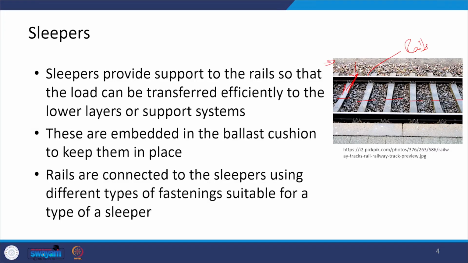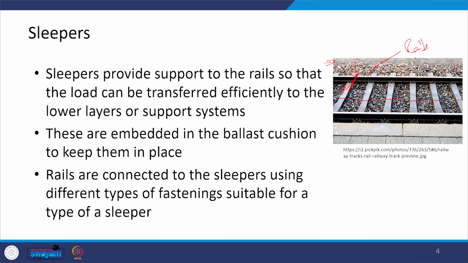So, what are sleepers? As you can see in the photograph on the right hand side, we have the rails, and these rails are being supported by some item at the bottom of it, and these are basically the sleepers. The sleepers provide support to the rails so that the load can be transferred efficiently to the lower layers or support systems.